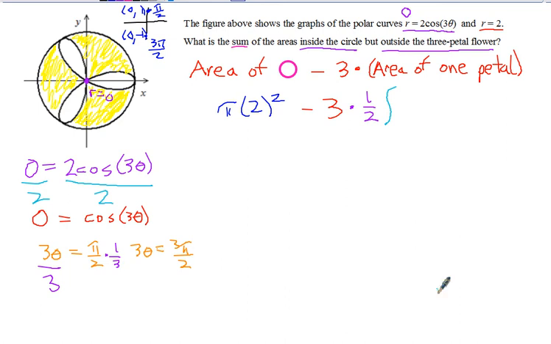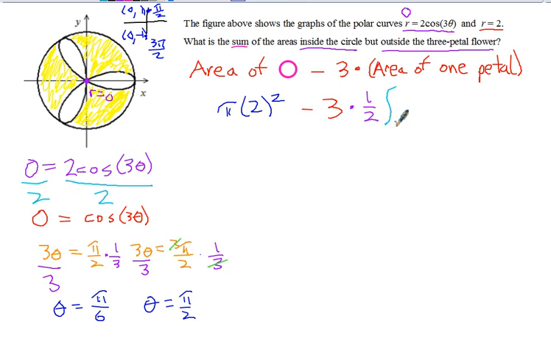So that gives us theta equals pi over 6. And the same thing here: divide by 3, which is the same as multiplying by 1/3. Here you can see the 3's reduce out, and you're just left with pi over 2. So those would give us our lower and upper limits of one of the petals.